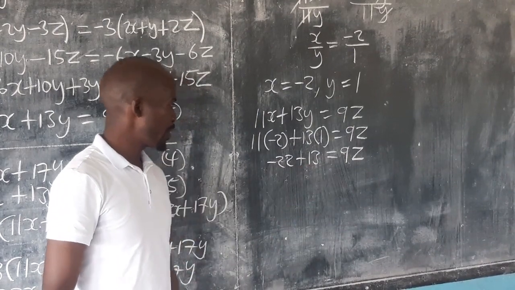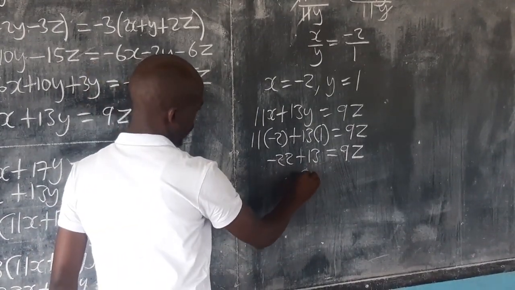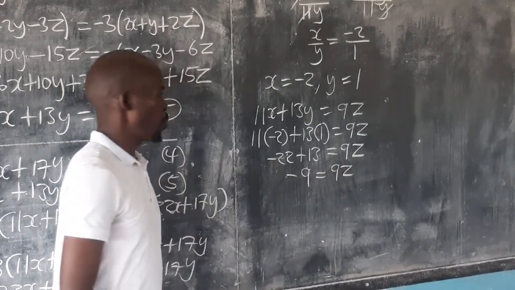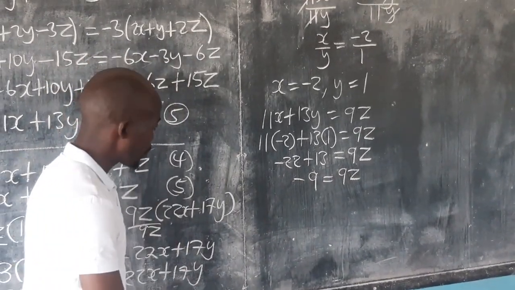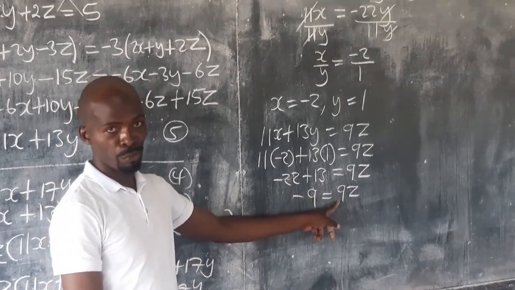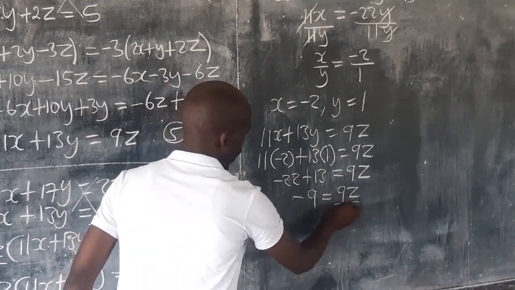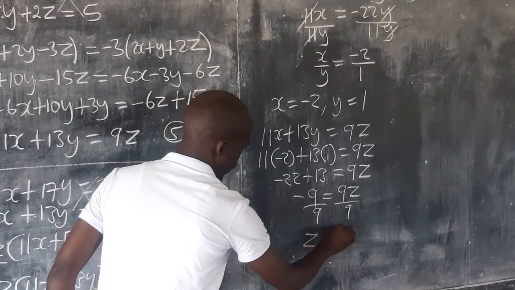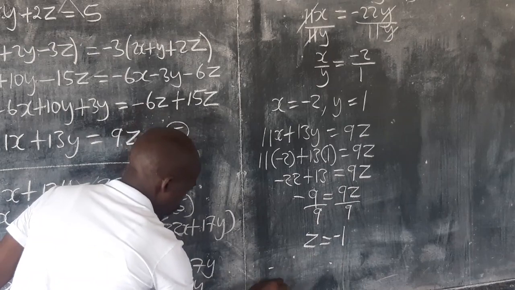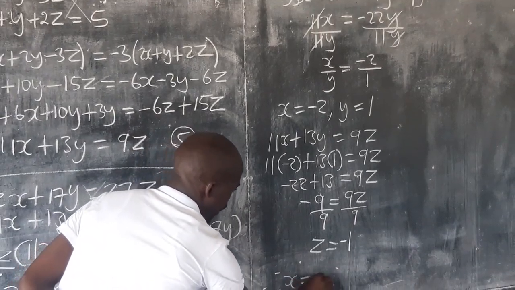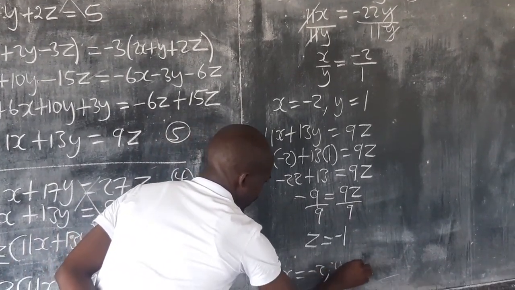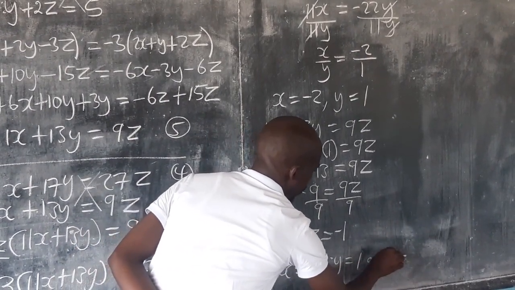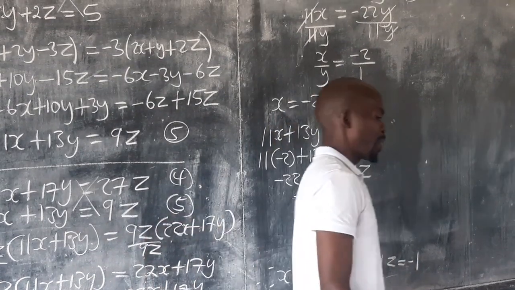Negative 22 plus 13 gives me negative 9 equals positive 9z. We divide both sides by 9. Our z equals negative 1. So therefore, my critical values: x is negative 2, y is positive 1, and z is equal to negative 1.